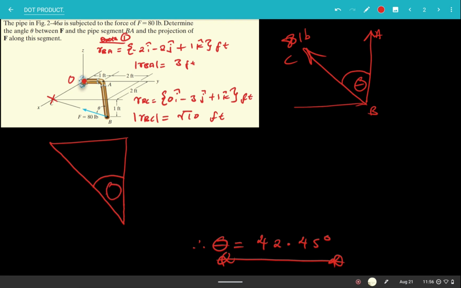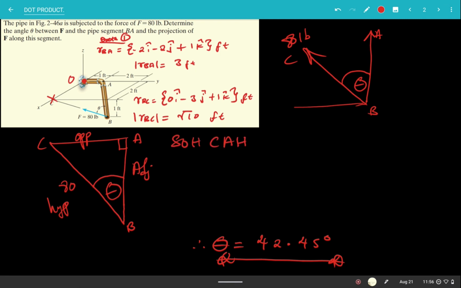So this is theta, and this is the 90 degrees. This is the 80. This is B, C, and that's A. So if we label our shapes, we have the hypotenuse, the opposite and the adjacent. We know that we're going to use the trig ratios because it's a right angle triangle, which is the famous SOHCAHTOA.